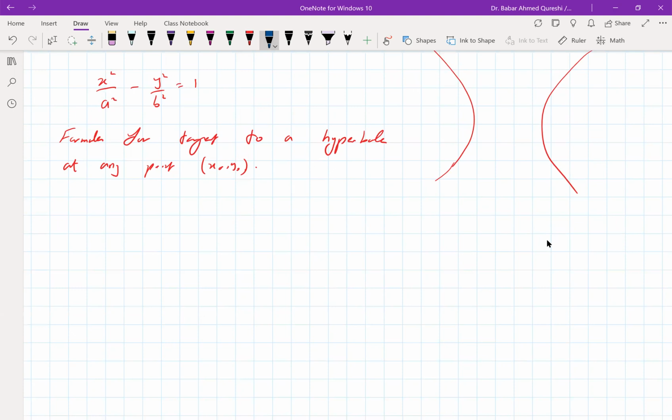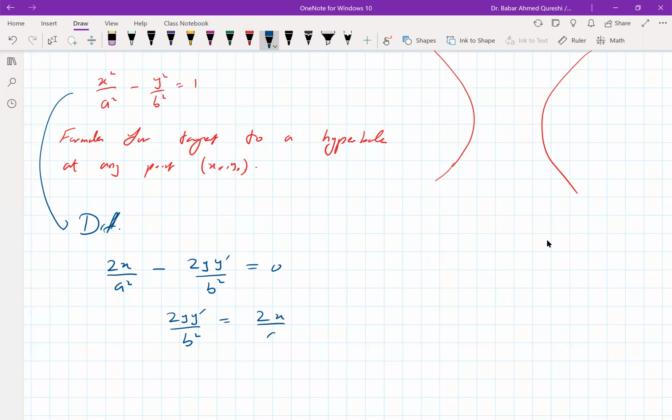So again, you just differentiate: 2x over a square minus 2y, y derivative over b square is 0. So 2y, y derivative over b square is 2x over a square.